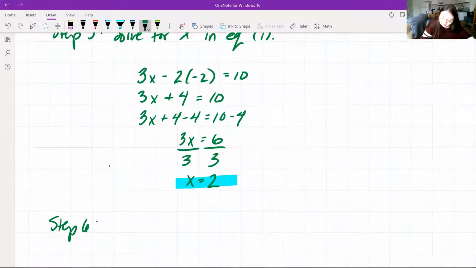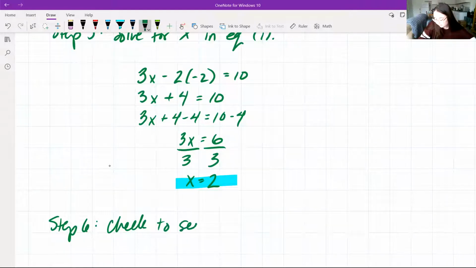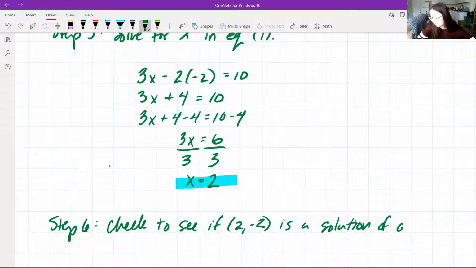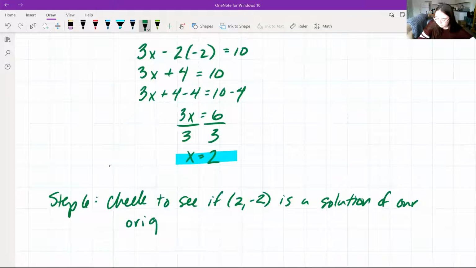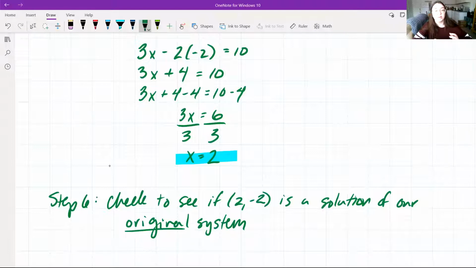But step 6, we just want to check. So we want to check to see if 2, -2 is a solution of our original system. Now we have this word again, original.